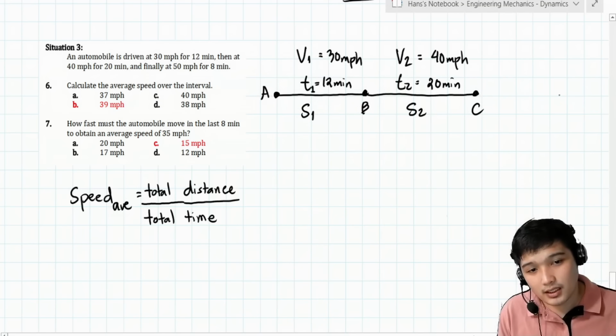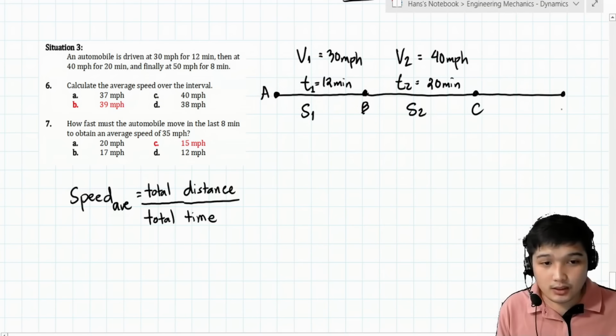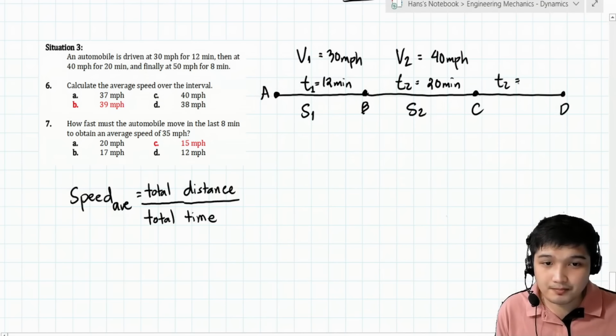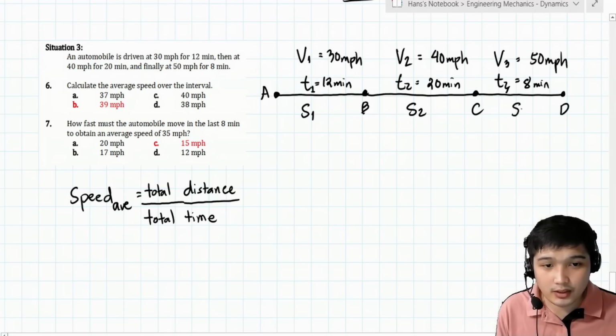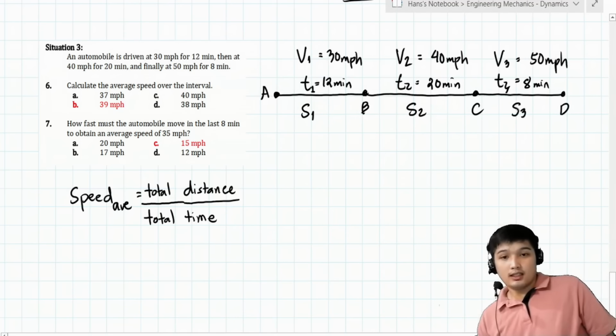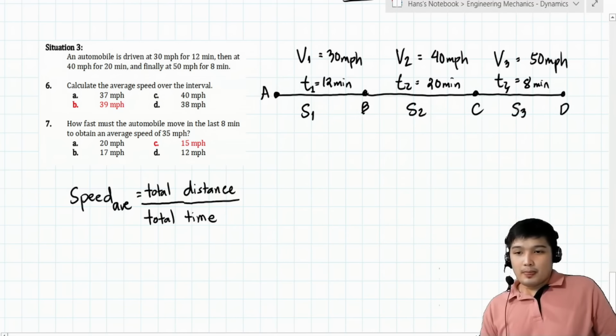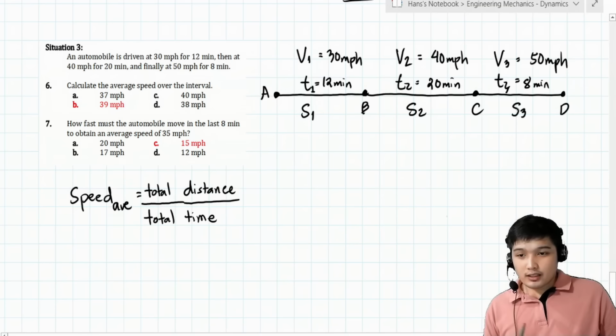Then, finally, C to D. So, this one is yung time. Tawagin natin T3. 8 minutes. And then, yung velocity niya, 50 miles per hour. So, meron siyang distance traveled na S3. Okay? So, first question nga, calculate the average speed.